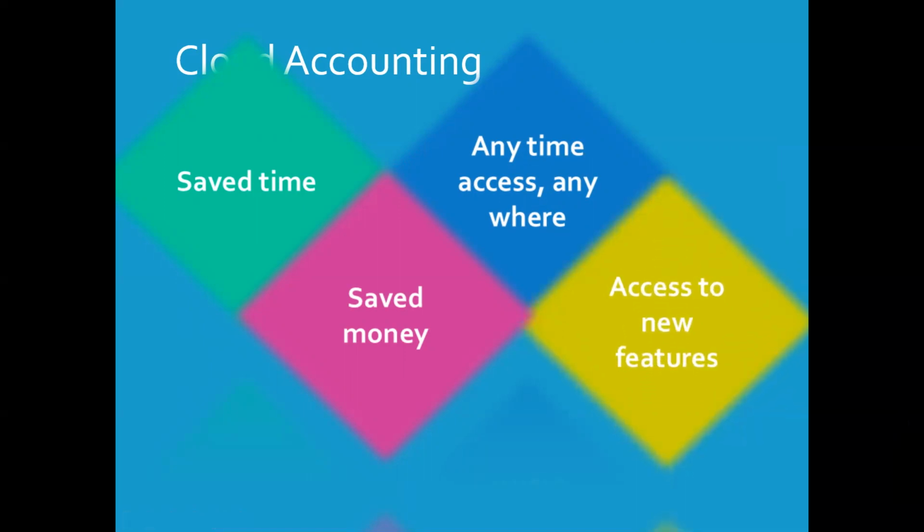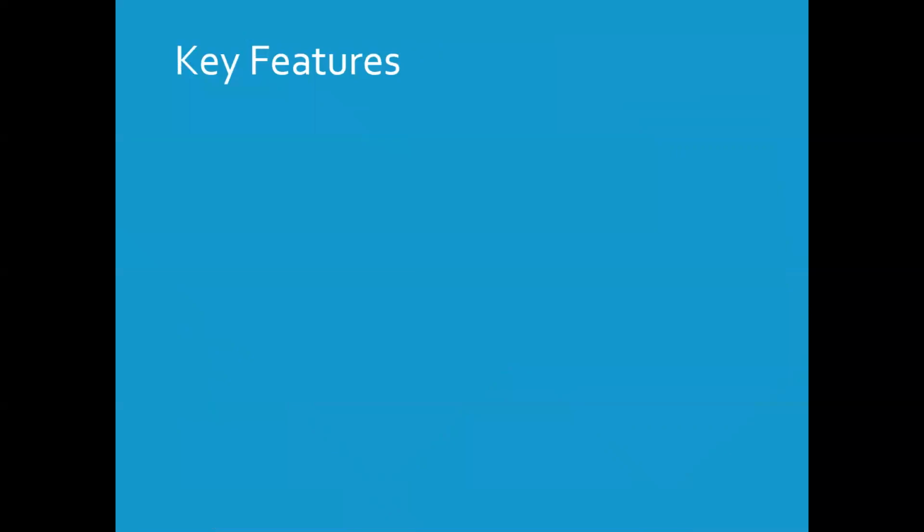And then also these businesses have access to new features because that software is continuously developing and there's no need to actually install updates. So we no longer have situations where we have to pay for updates to our system or install new updated modules, etc. Because this software is constantly evolving, we need to be constantly reviewing the way we're using our cloud accounting software.